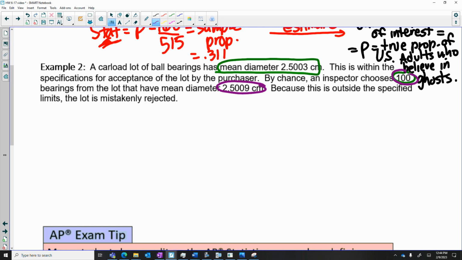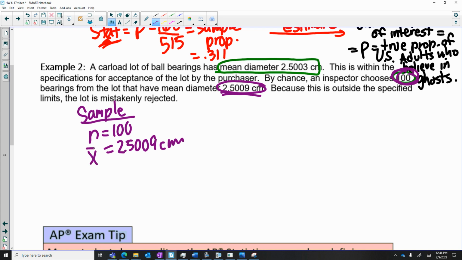Okay, so we have three numbers here that I circled. The first one, actually, I'm going to put last. So we took a sample of 100 from the lot, and out of that sample, they had a sample mean of 2.5009. That sample mean is called x bar.